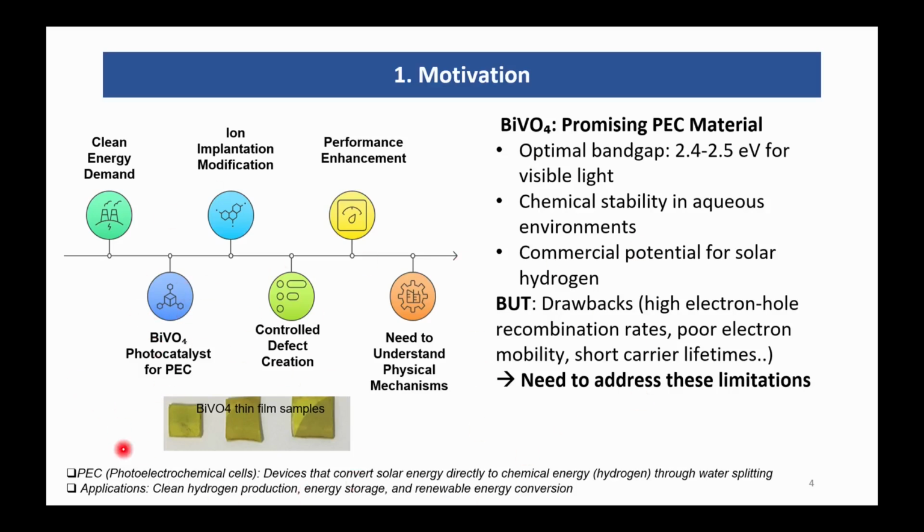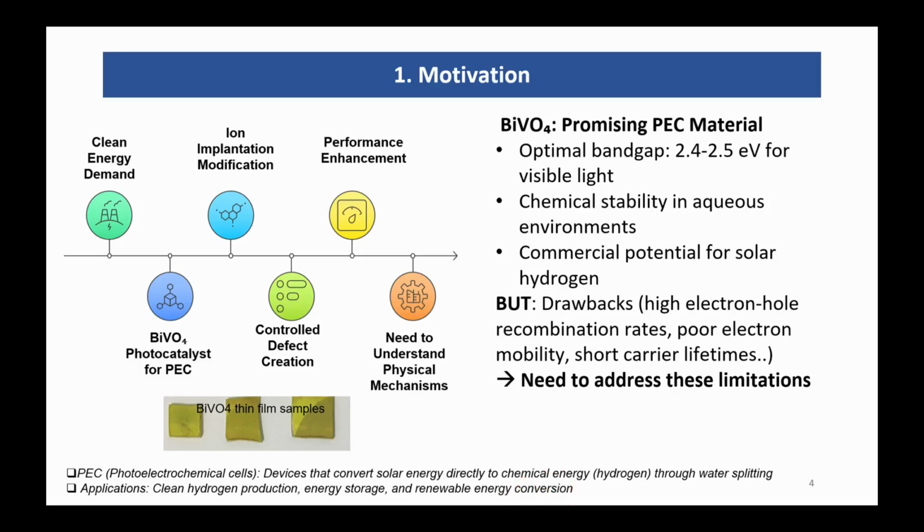Bismuth vanadate is one of the promising materials for PEC, a photoelectrochemical cell. That device can convert solar energy from the sun directly to chemical energy, meaning hydrogen through water splitting. Its applications are clean hydrogen production, energy storage, and renewable energy conversion.